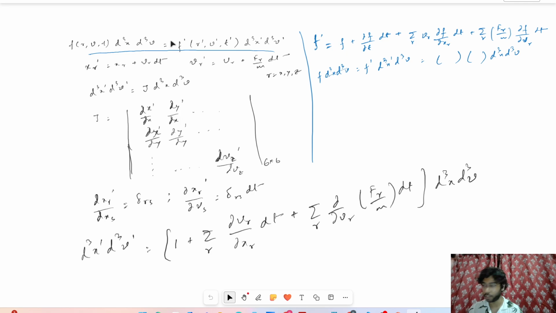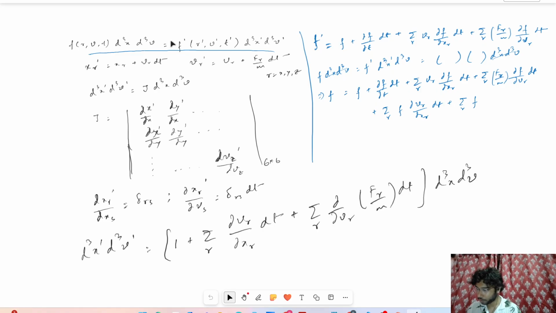So this d3x d3v will cancel with this, and then if we equate, it will be f equals f plus del f del t dt, plus the summation over r of vr del f del xr dt, plus the summation over r of Fr by m del f del vr dt, plus the summation over r of f del vr del xr dt, plus the summation over r of f del xr Fr by m dt.